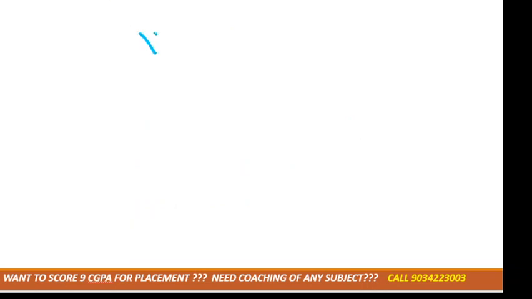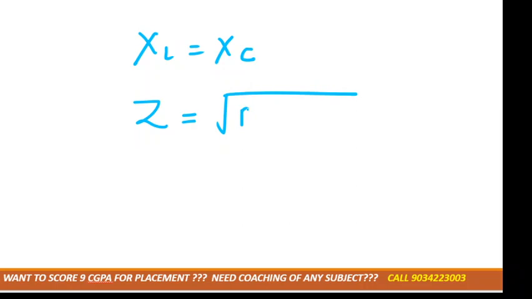Next, as you know, if XL is equal to XC, can you tell me what the Z value is? You know the exact formula, that Z is equal to root of R square plus (XL minus XC) whole square. But if XL is equal to XC, Z will become equal to R, yes or no?